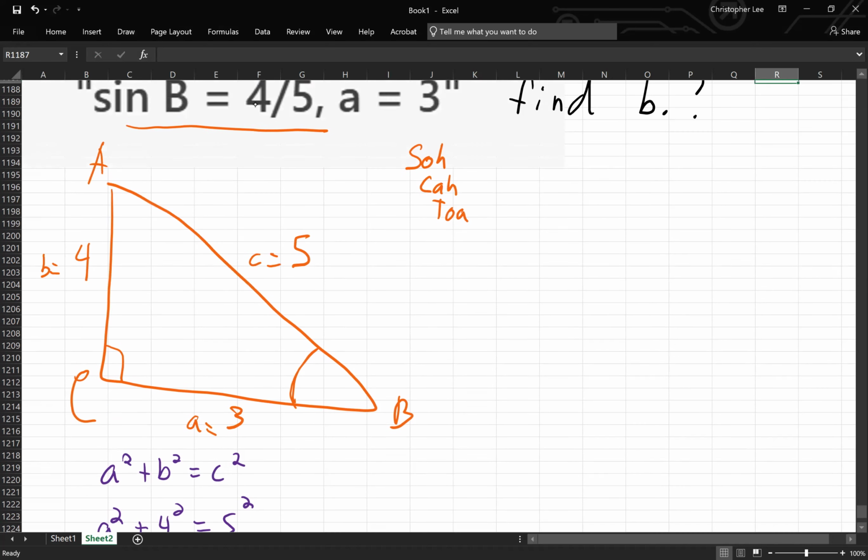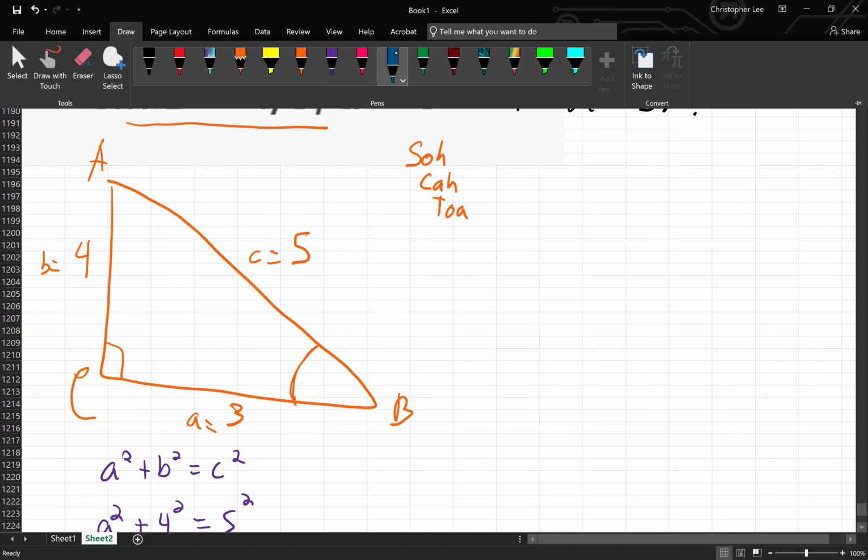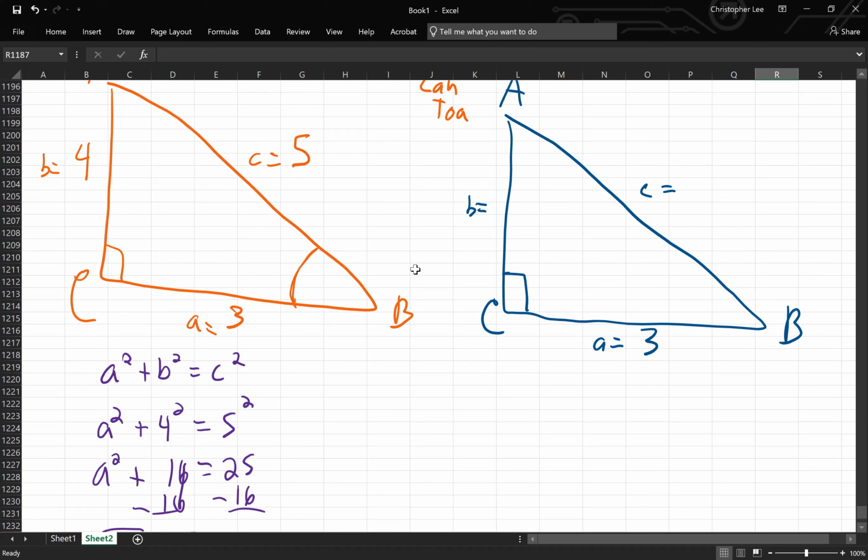So now my similar triangle right here. This is triangle A, triangle B, triangle C, right triangle right here. This is going to be leg B, leg A, leg C, right? And I know that A is equal to 3. And I'm looking for B. So what am I going to do?